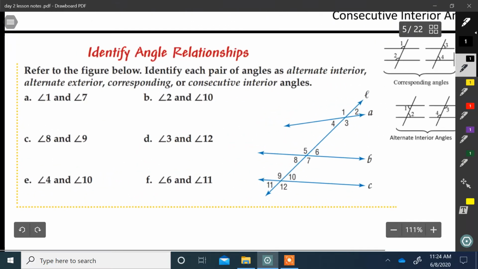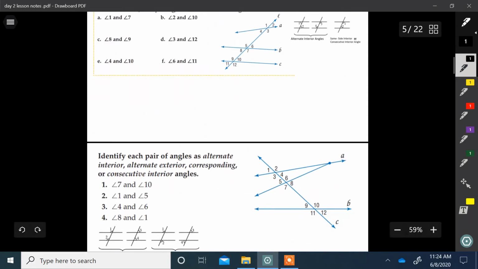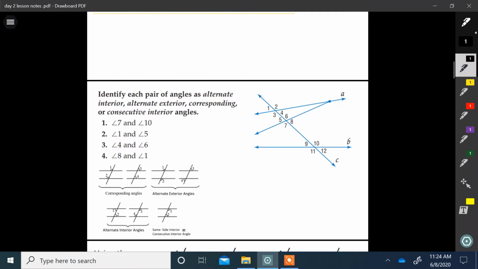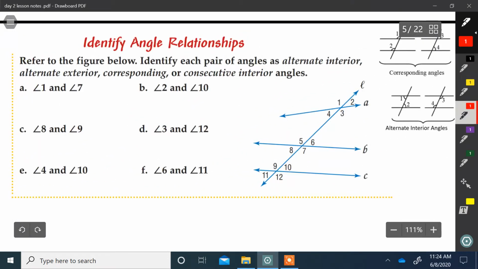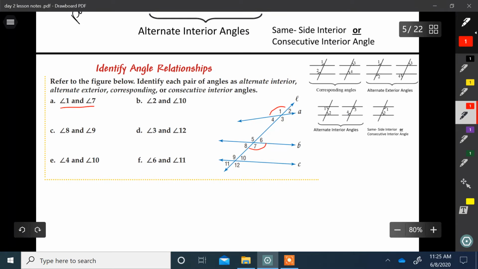It says in here, well, let's just skip this one. Well, let's do it. It says, refer to the figure below, identify each pair of angles as alternate interior, alternate exterior, corresponding or consecutive interior angles. Okay, so we have 1 and 7.